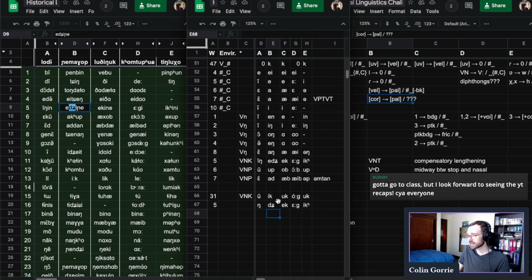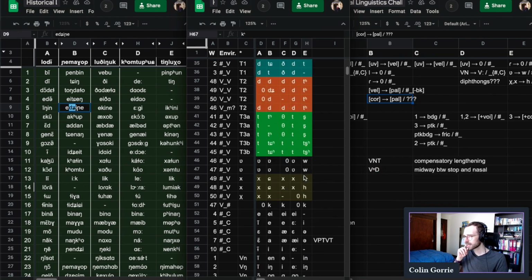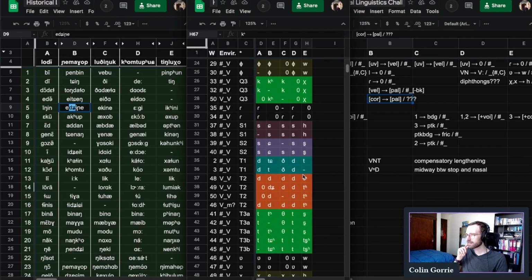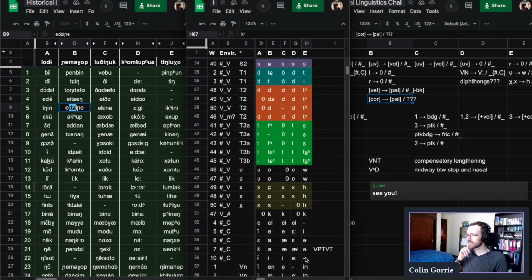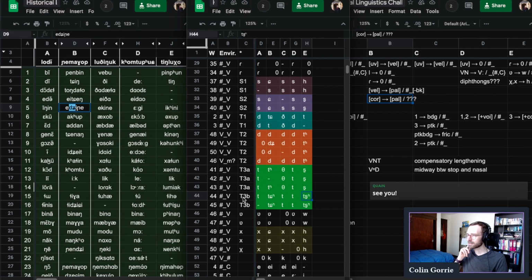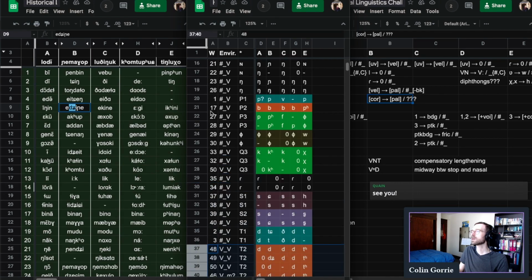Okay, so that's good. We have K, we have G, and we have aspirated K. So let's look at our existing correspondence sets. We have this kind of thing going on where we have aspirates in E. We have this for T3B. We have this for T2. We have this for P2.